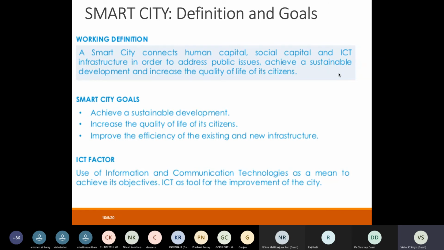Now, this tremendous speed has resulted in tremendous growth in population. People have moved from villages to towns, from towns to cities, cities to metro cities, and then this cycle goes on.